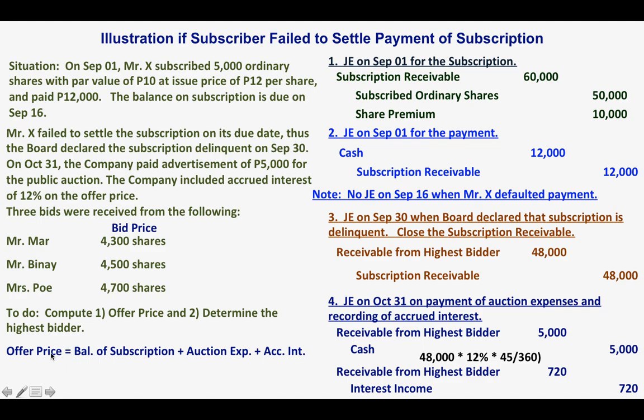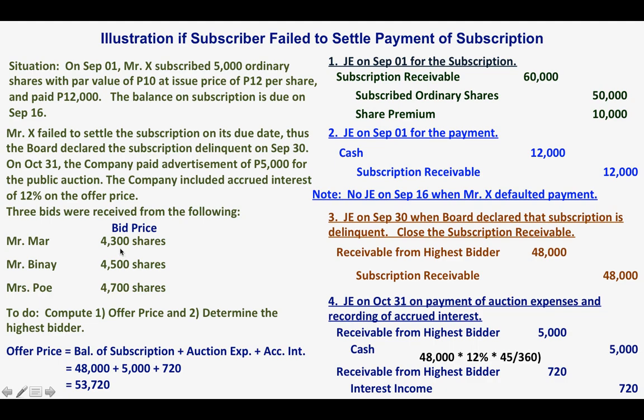So the offer price: 48,000 is the balance of subscription, the auction expense is 5,000, and the accrued interest is 720. So we have an offer price of 53,720.